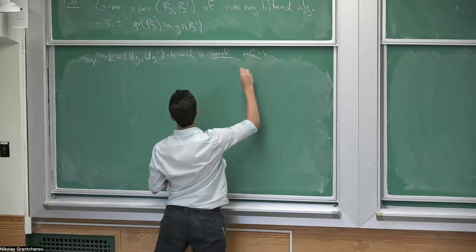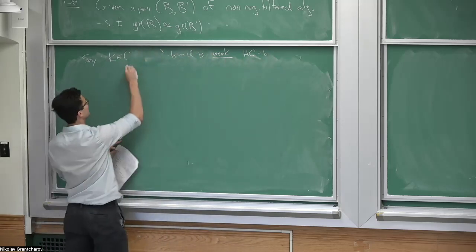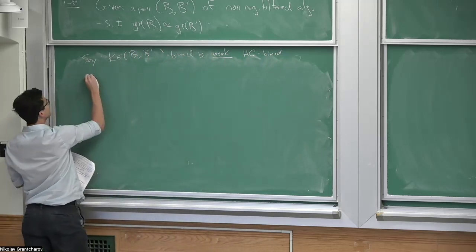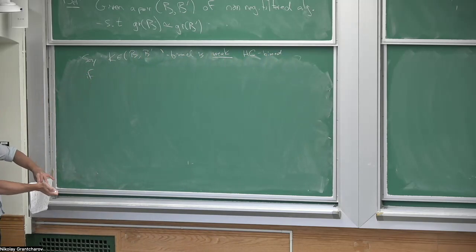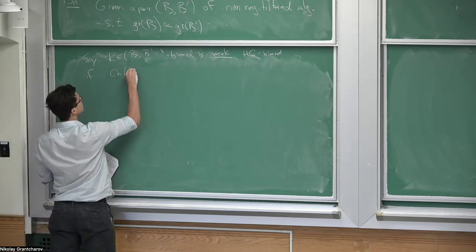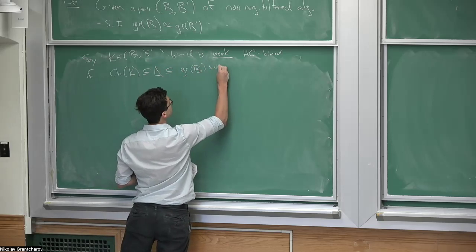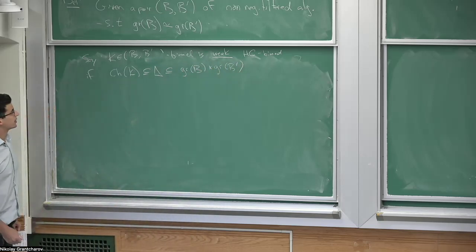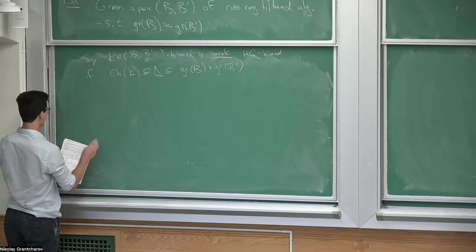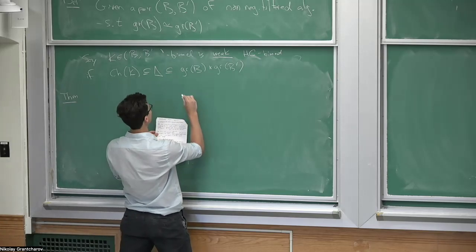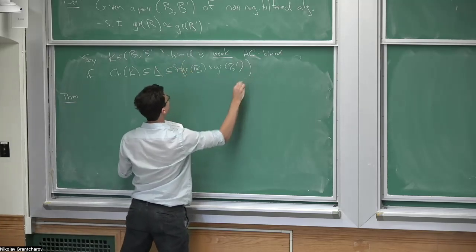if its support is on the diagonal. We'll exercise this condition is automatically met for UG, Harish-Chandra UG bimodules.